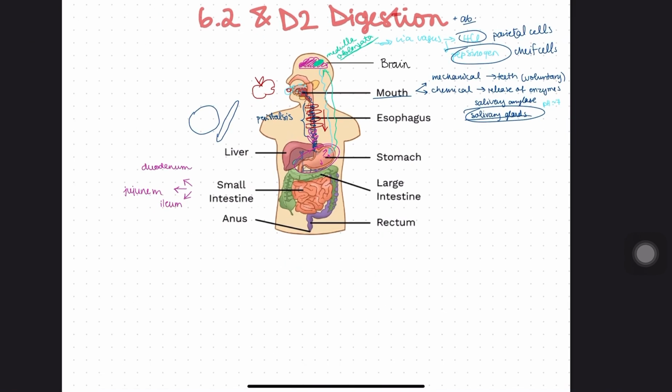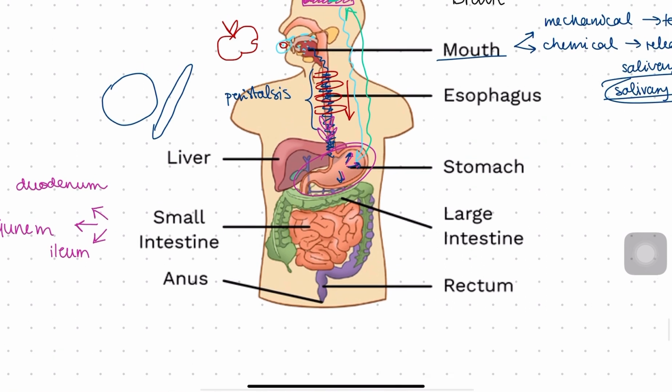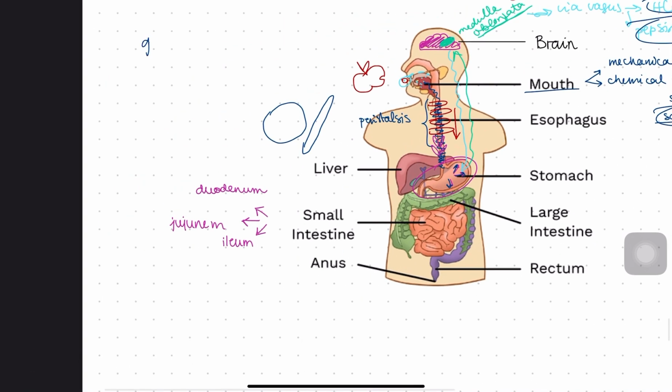Okay, that's the first way. And the second way is that this distension is going to cause a response from the medulla oblongata to produce gastrin. And gastrin is an endocrine hormone that is going to go through the bloodstream.